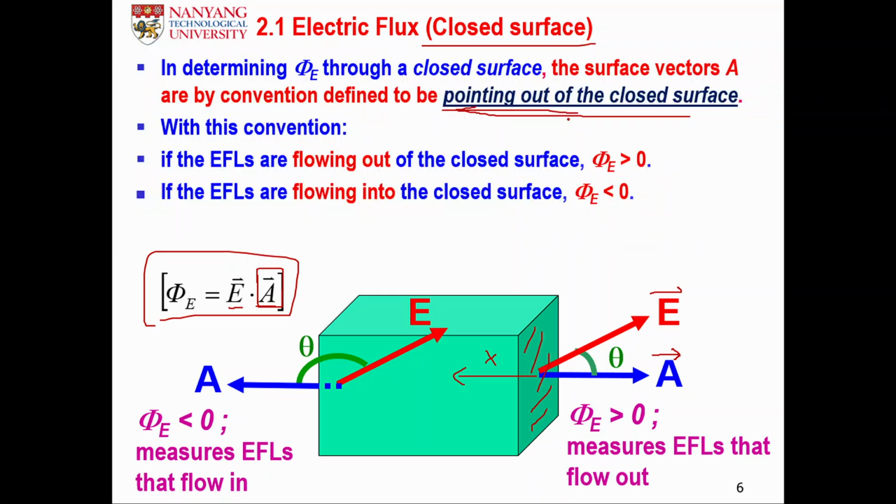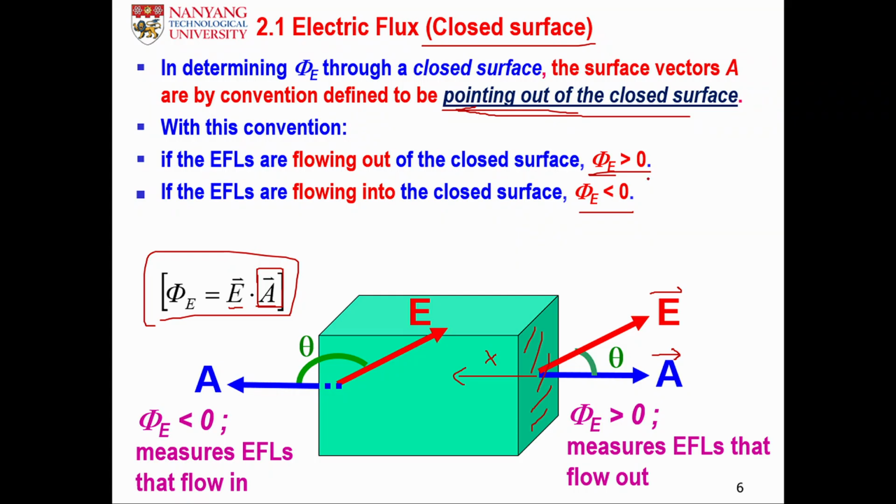Right? And from this definition, of course, we can tell that for some surfaces, although this Φ_E, the flux itself, is not a vector but a scalar, it can be positive or negative. Here, positive and negative is just the physical meaning. The flux can flow into the surface, and can also flow out of the surface.